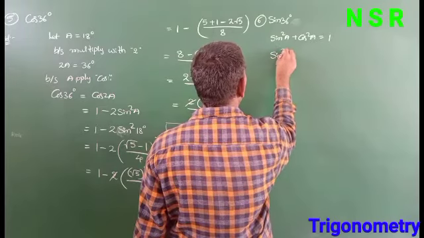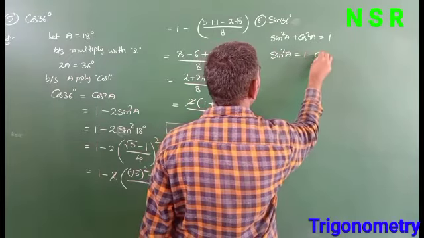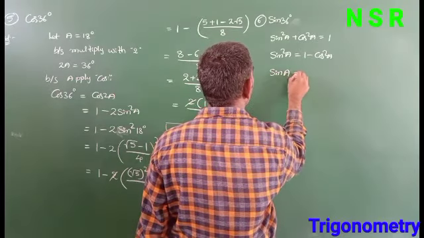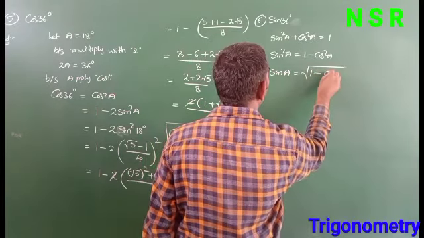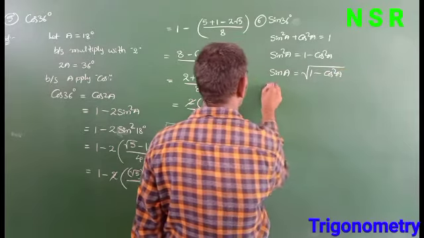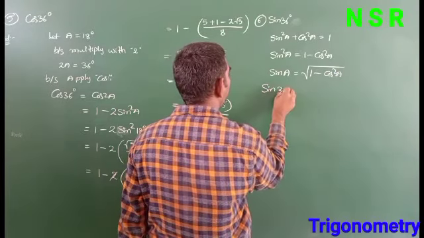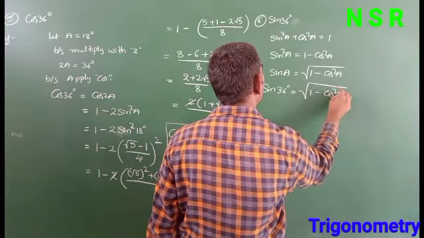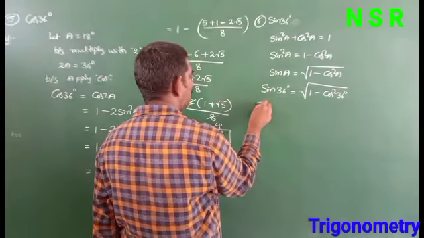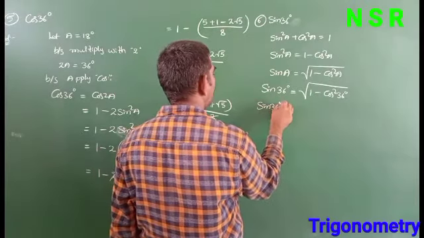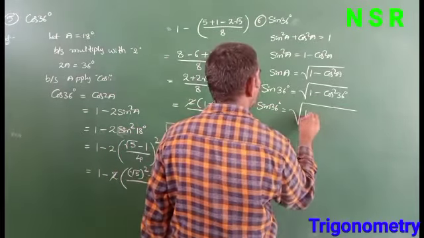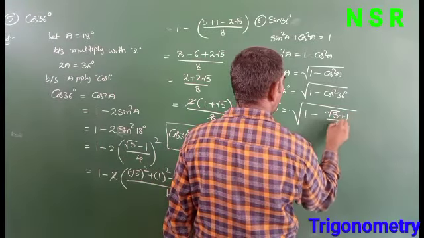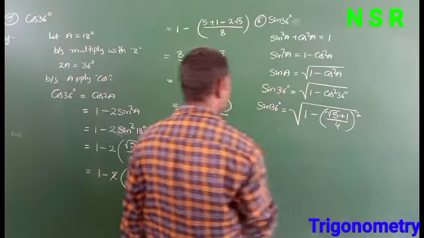So sin square theta equal to 1 minus cos square theta. So sin A we can write as square root of 1 minus cos square A. So in place of A, substitute here 36, we get 1 minus cos square 36. So already we get cos 36 value.